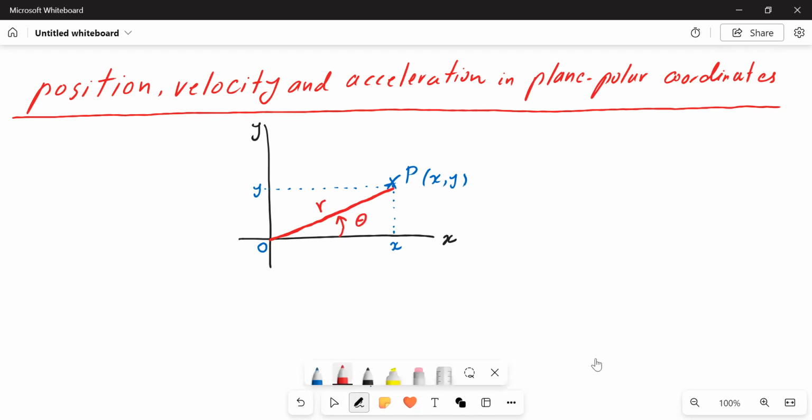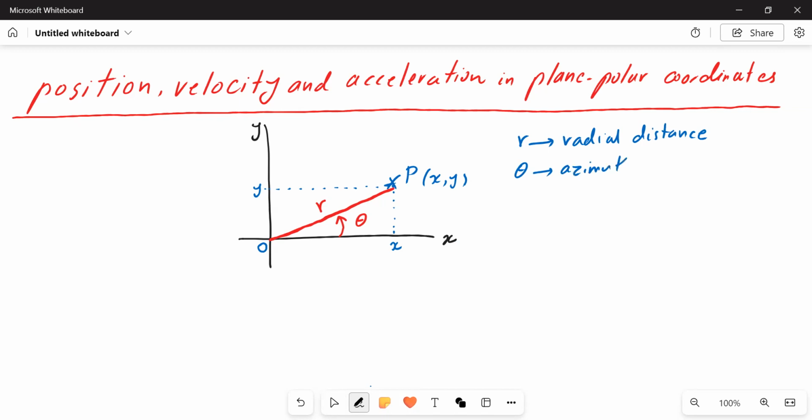Usually we call r the radial distance, and theta the azimuthal angle. All right, now through a set of transformations, I can start with Cartesian coordinates and convert them into polar coordinates and vice versa.